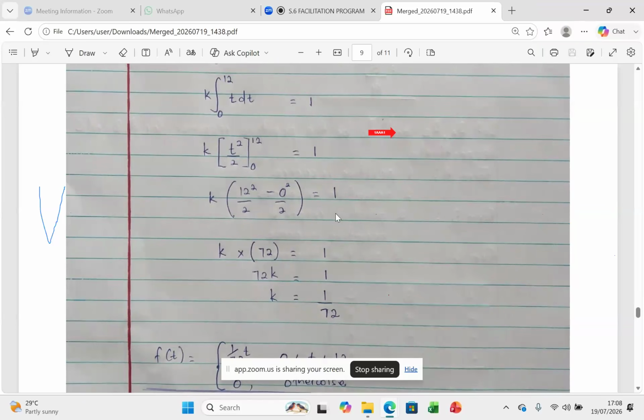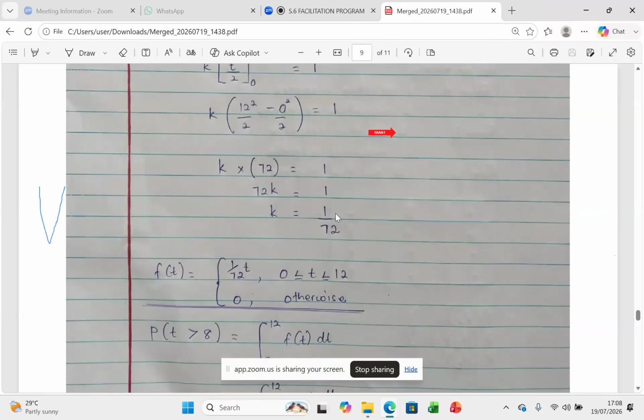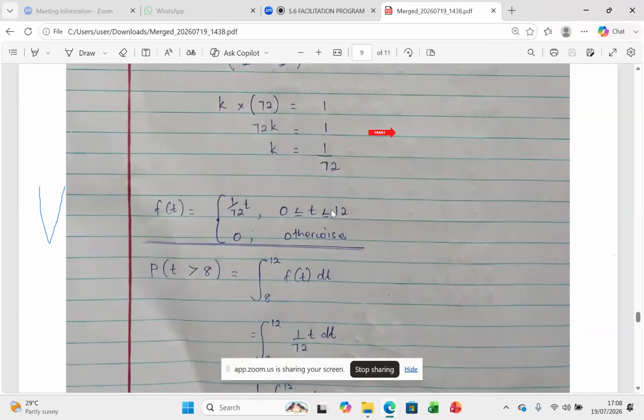After replacing the limits, you complete the calculation and find the value of k as 1 over 72. Then you substitute it in the function that has been given to you.